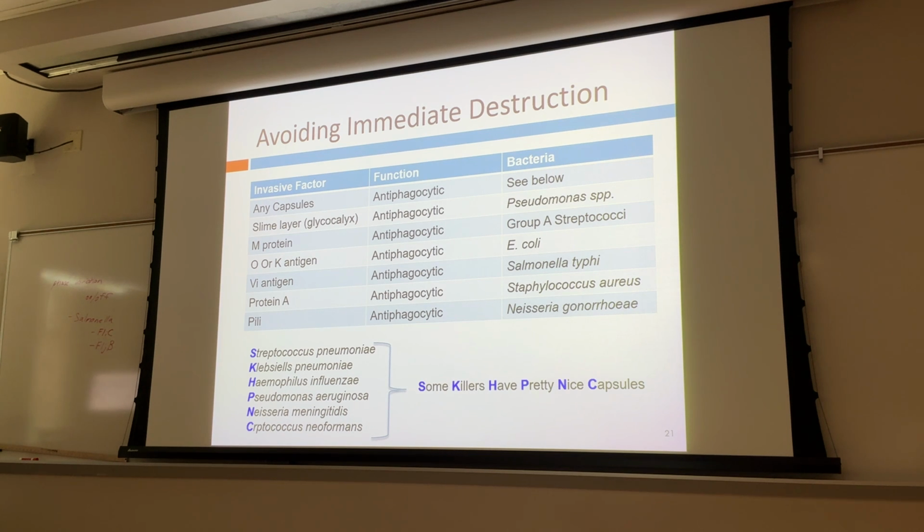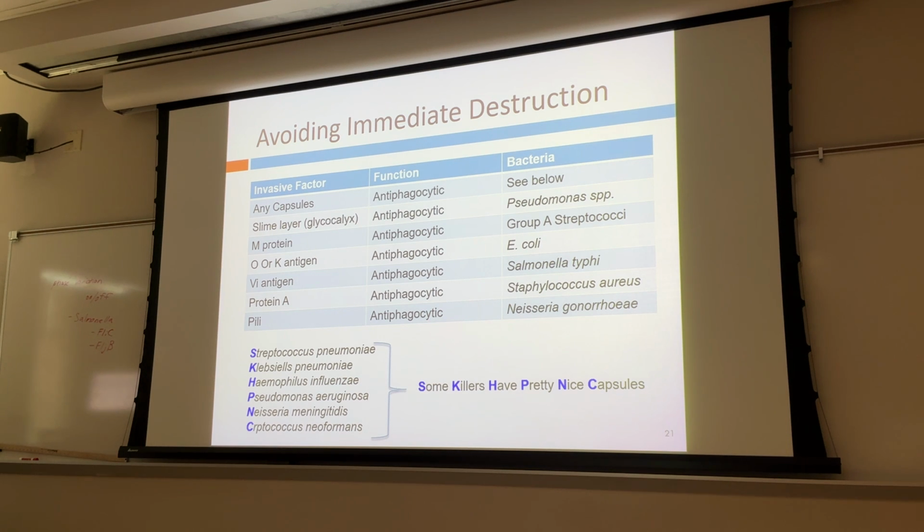M proteins we haven't really talked about a lot yet. Sometimes you see M referred to as mimicry. There are different things M proteins can do. Group A streptococci make these M proteins, and they can have structures similar to some of the proteins in your body, so the M sometimes stands for molecular mimicry.